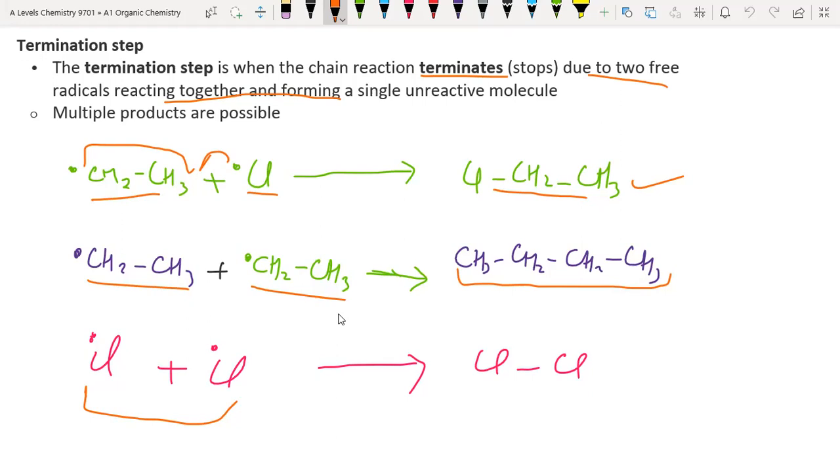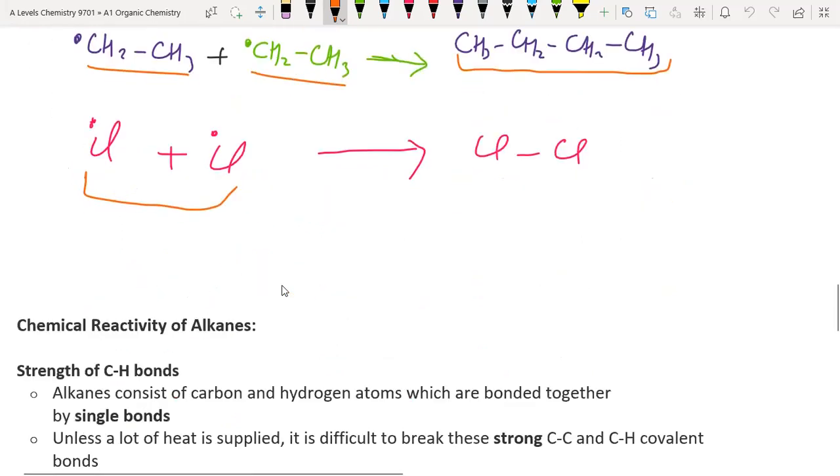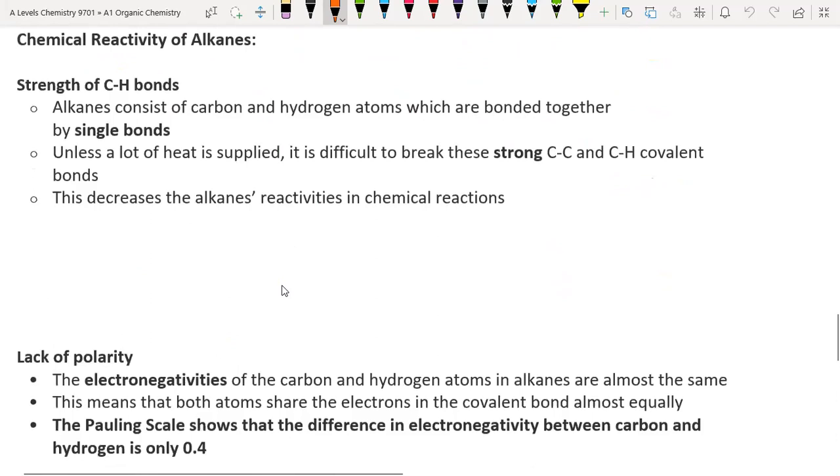There is a reason. What is that reason? Alkanes are less reactive. Alkanes are actually less reactive due to two reasons. The first is the strength of the carbon-hydrogen bond.